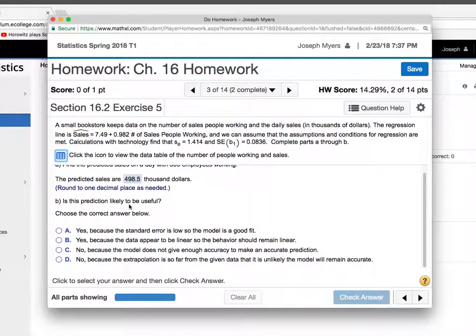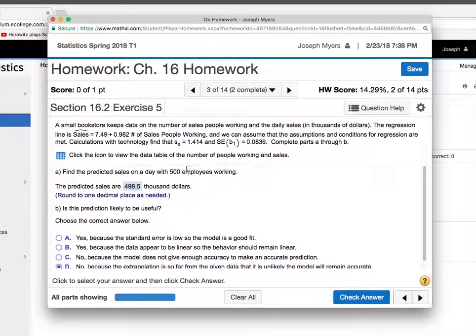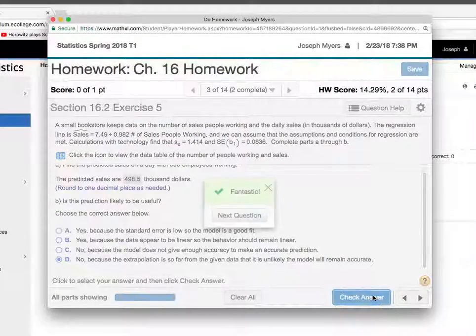So is this prediction likely to be useful? No, definitely not. Well, actually I take that back. You can extrapolate a tiny bit beyond the data that you have, but even that is very dangerous. Sometimes you can't even use the model even within the range of the data. But you definitely cannot extrapolate very far away from the given data. And 500 employees is very far away from just 20 employees.